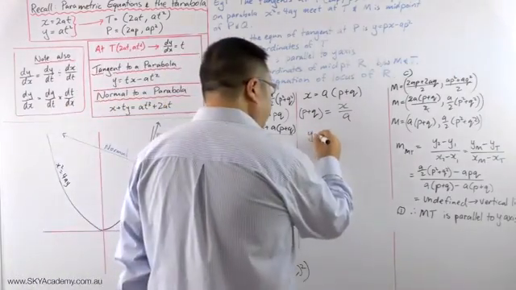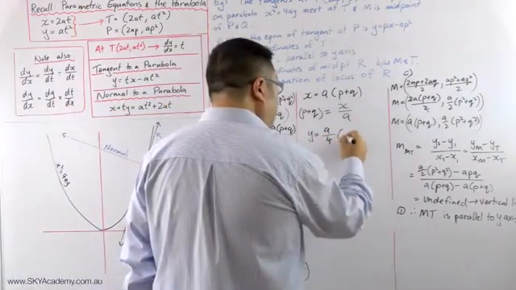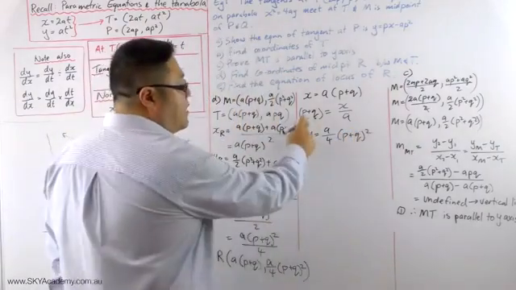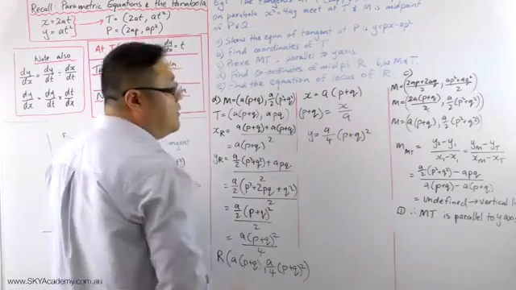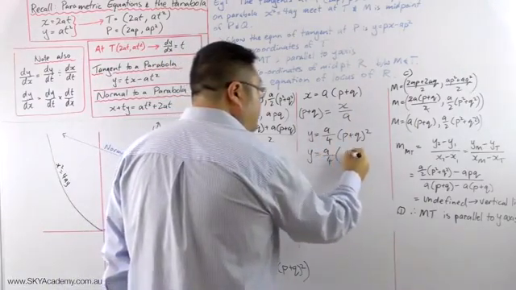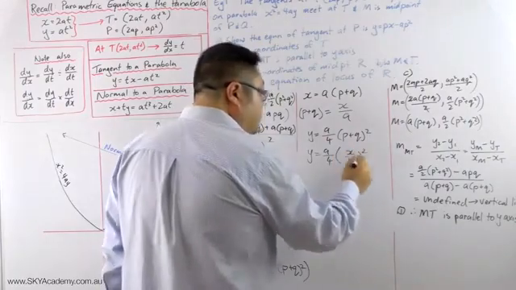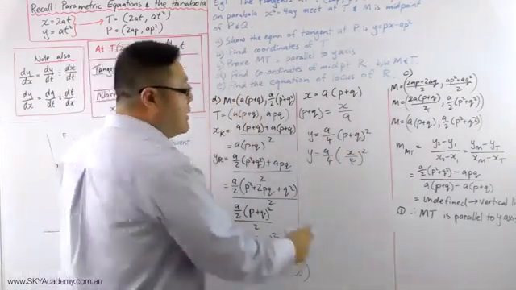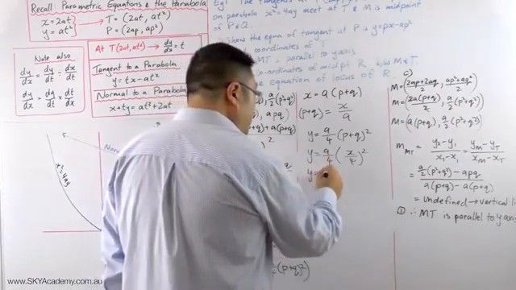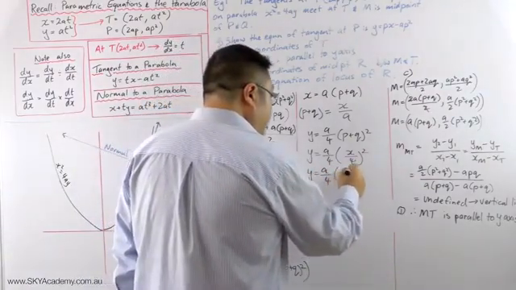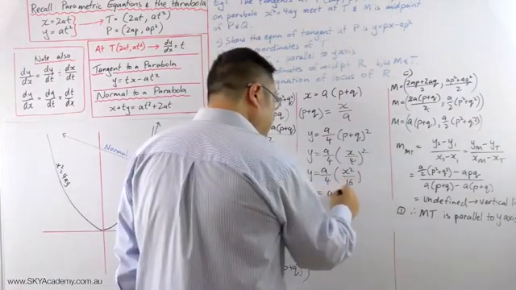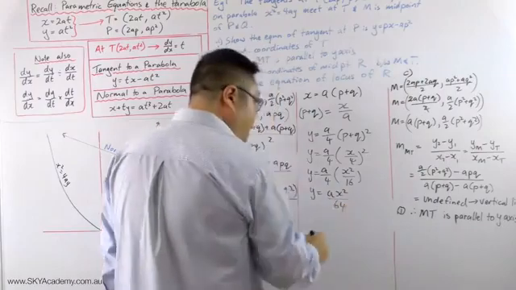So y is equal to a on 4 (p + q) squared. But we know that p + q is equal to x on a. Therefore, y is equal to a on 4 times (x on a) squared. Yep. And we just need to simplify that down. Okay, so y is equal to a on 4 outside of x squared on a squared. y is equal to x squared on 4a.